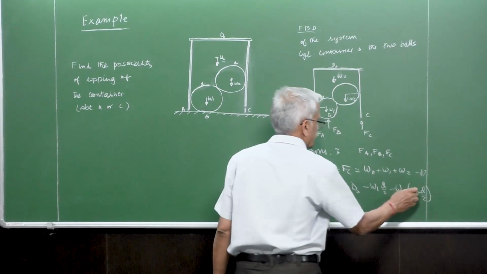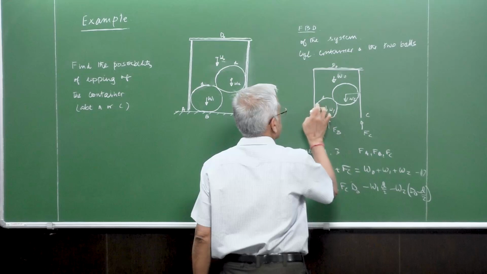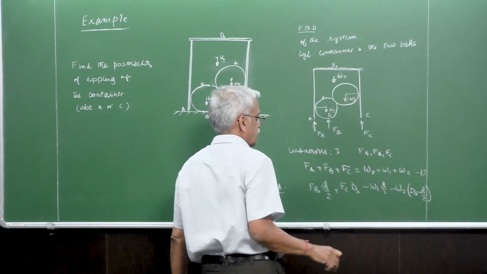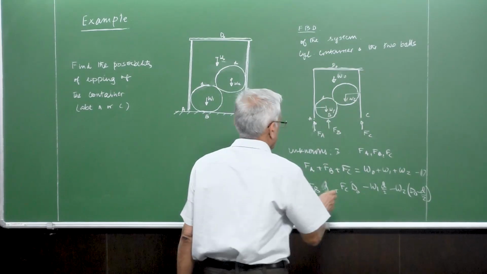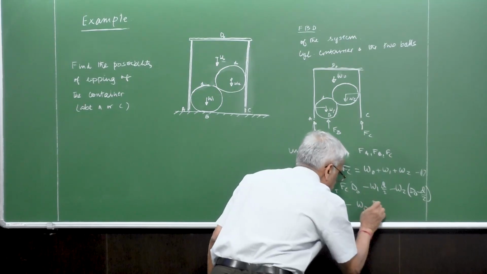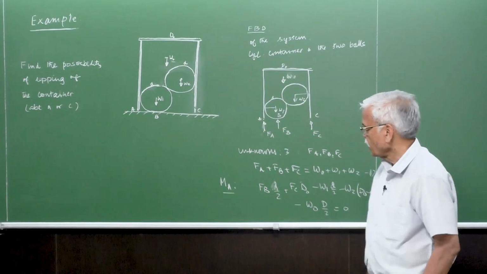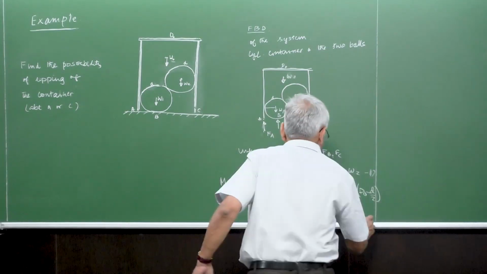This is the total D, and this distance is D minus D by 2, as well as we also have W naught. So this is the second equation.